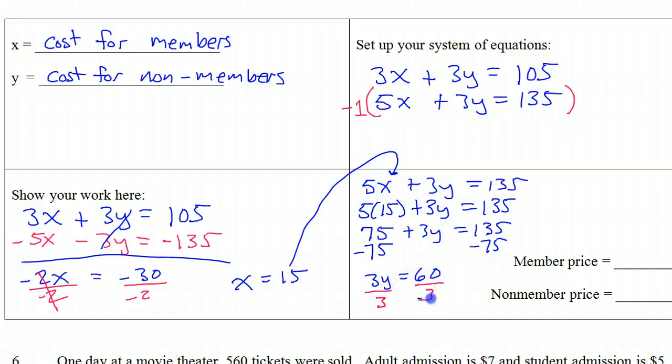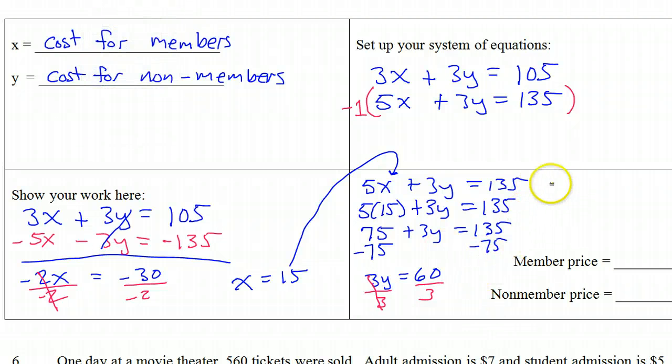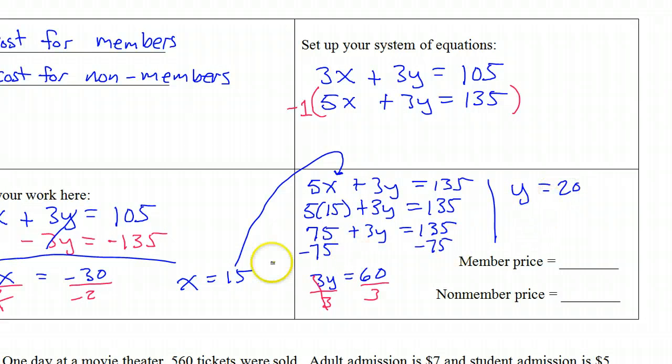All right, so that's going to leave y is equal to 20. Okay, so there it is, 15 and 20. So the cost for members is $15, and the cost for non-members is $20.